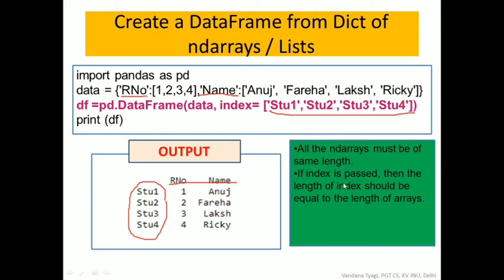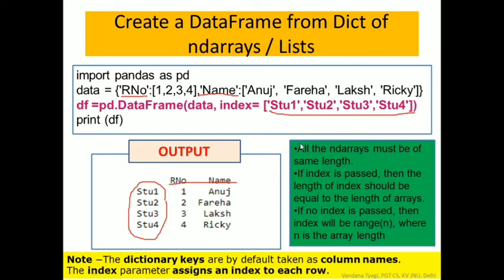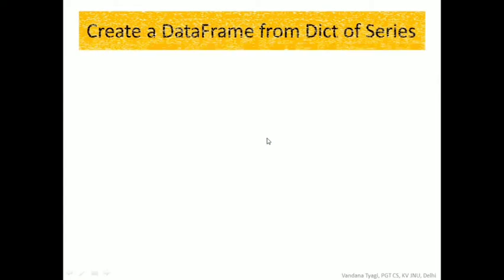So the length of my index labels is the same as the length of the array. And if you are not passing any index, we know the index is taken as 0, 1, 2, 3, 4, that is range function with argument n. So dictionary keys are by default taken as column names, and the index parameter assigns the row labels.